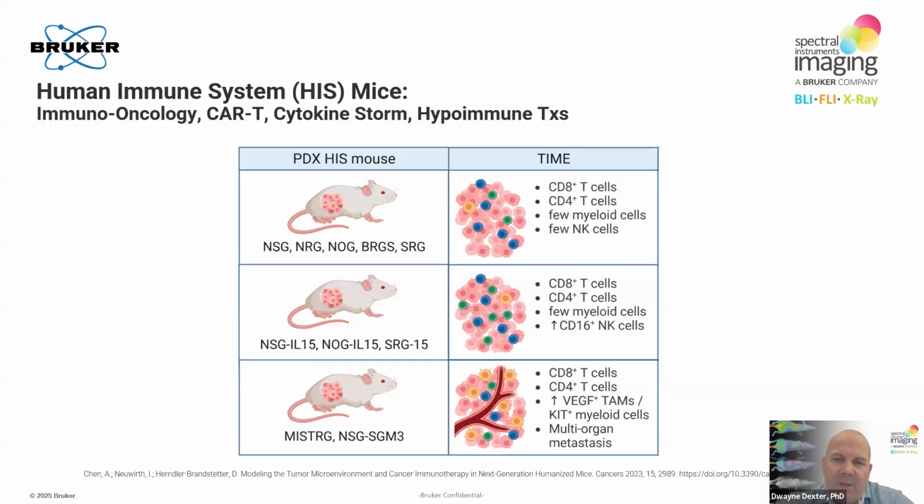These mice then can be implanted with either primary human immune cells or stem cells, which will then produce functional human immune cells. There are various versions of this mouse, but it's played a prominent role in the development of immuno-oncology drugs and some of the cell therapies.